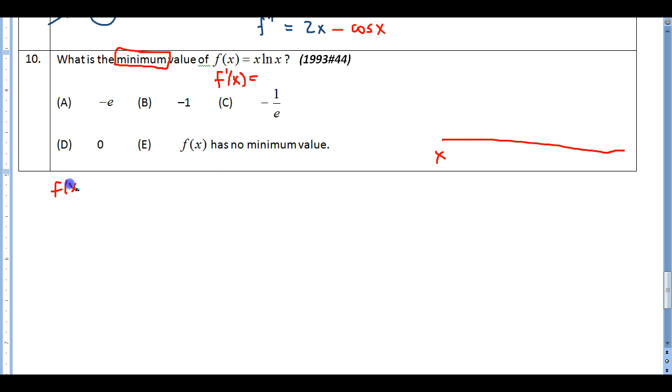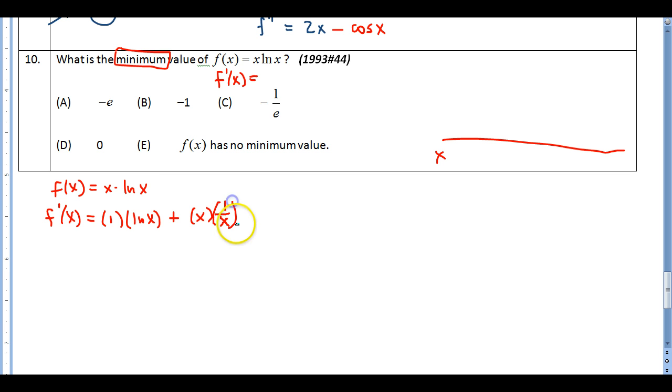If f is x times ln of x, we're going to have to look at f prime of x. Product rule here: derivative of x is 1 times ln of x, plus x, no derivative, times the derivative of ln of x, which is 1 over x.